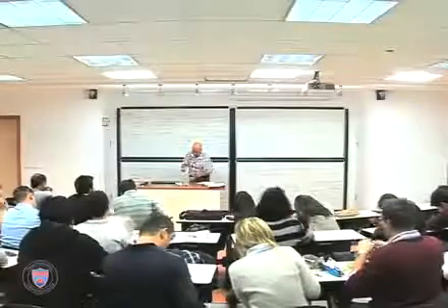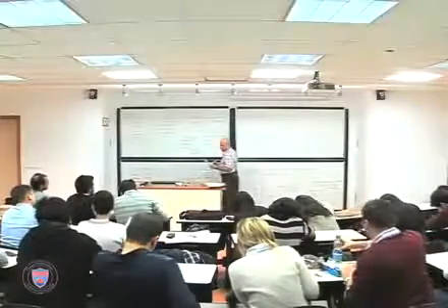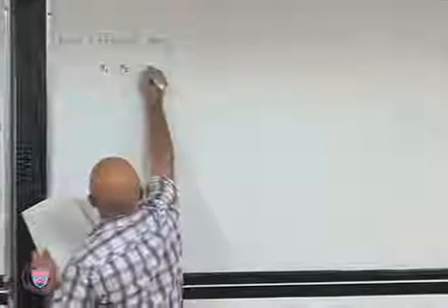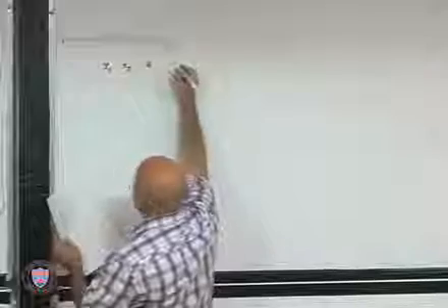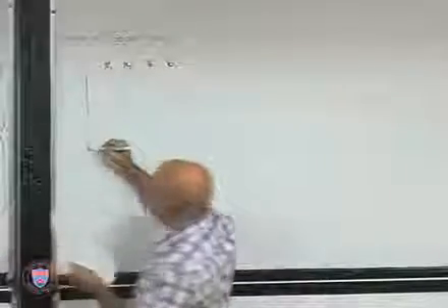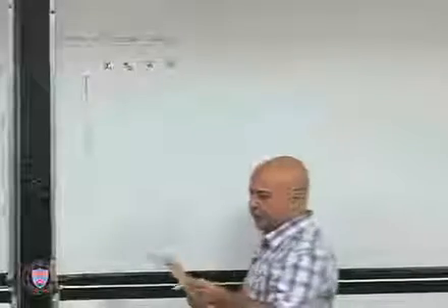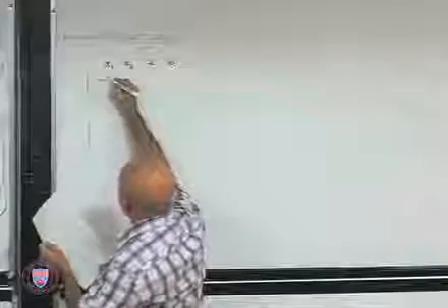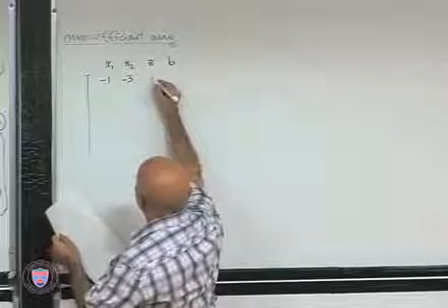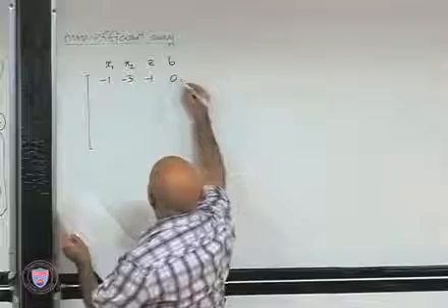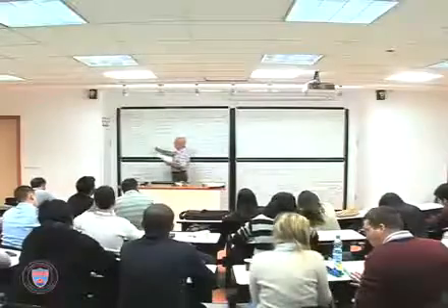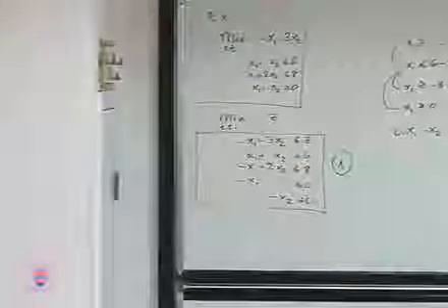Let me change my colors back to black again. All right. My initial system involves x1, x2, z, and right-hand side b. I'm going to write the coefficients in a matrix. -1, -3, -1 for the first expression here, with z on the left.